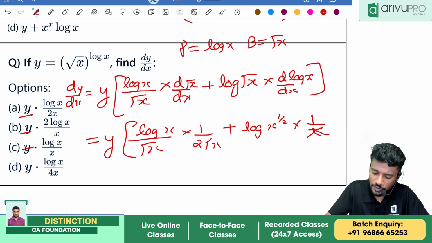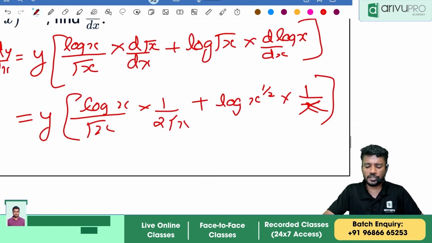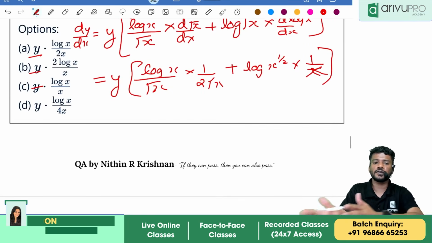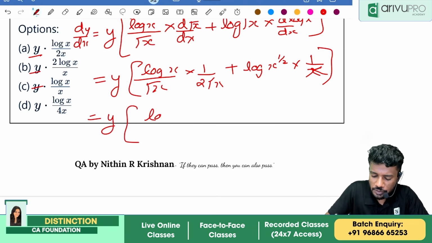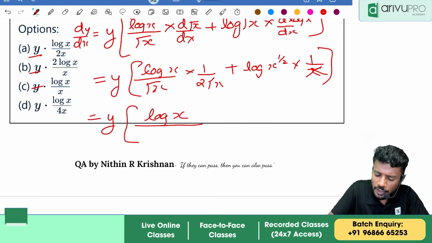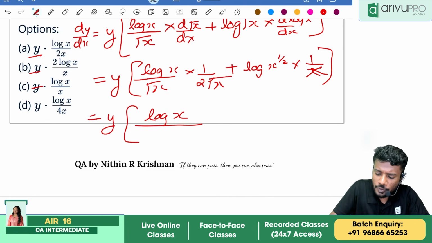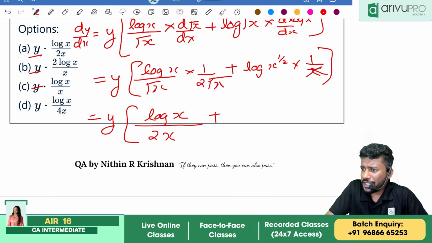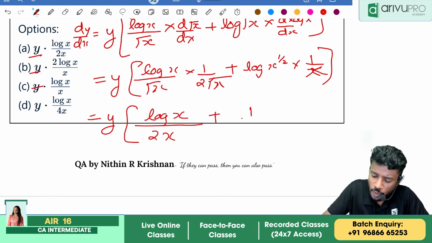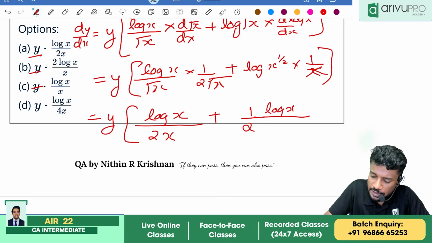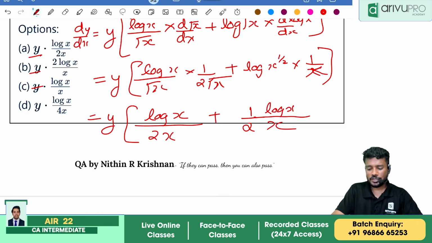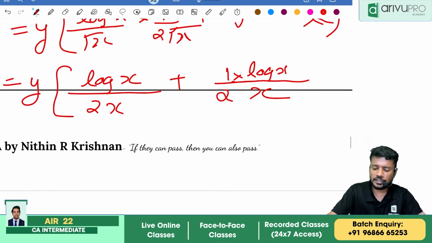So we have everything, but looking at the option, we don't have a direct answer. So you need to simplify it, which is equal to y into log x divided by root x into 2 root x is how much? 2x plus log x raised to 1 by 2. Can I write it as 1 by 2 log x, the entire thing divided by what? X.